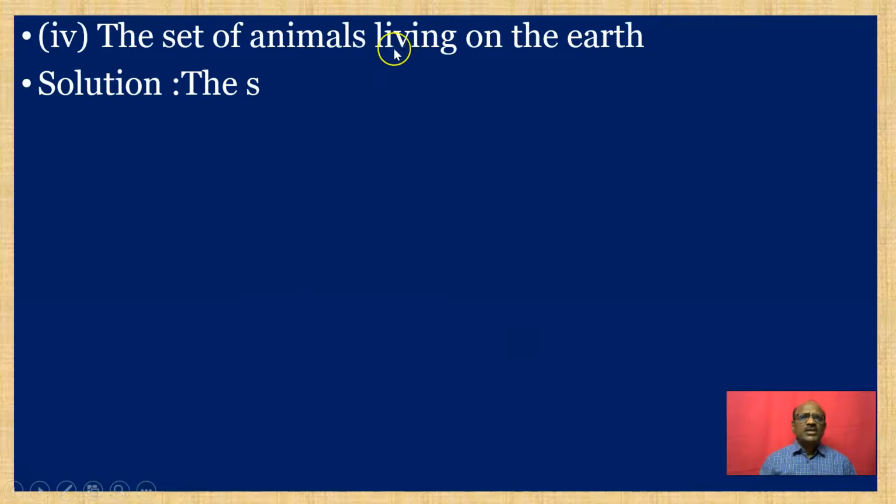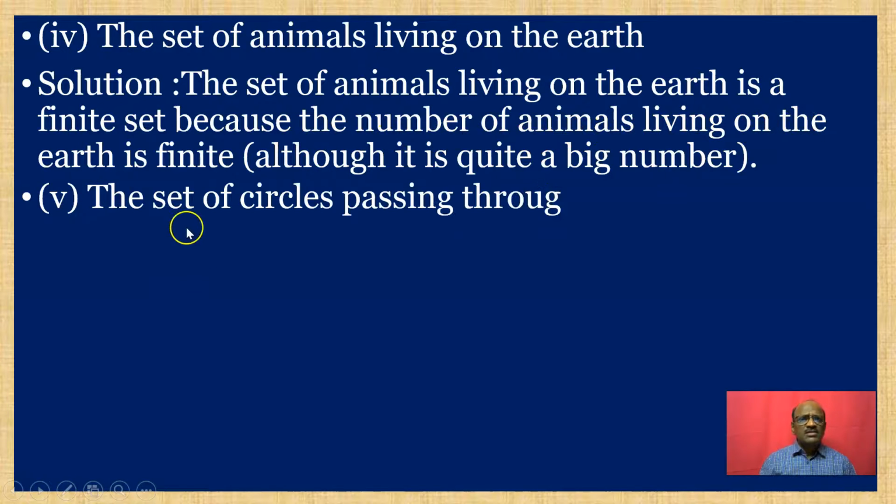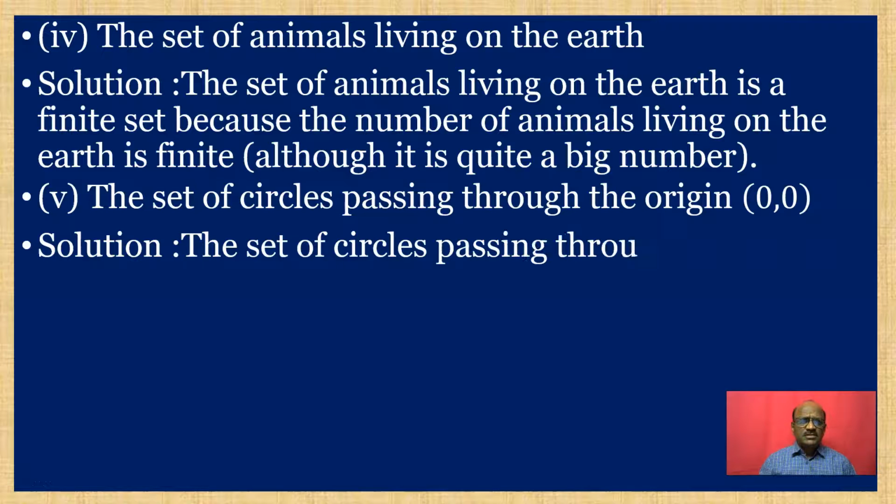Next, the set of animals living on the earth. The set of animals living on the earth is a finite set because the number of animals living on the earth is finite, although it's quite a big number. The set of circles passing through the origin, it's an infinite set because we can have different radii.